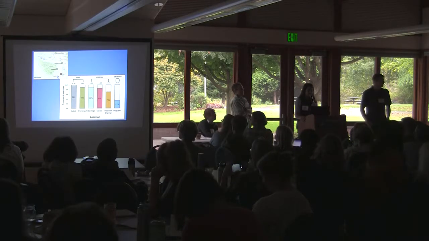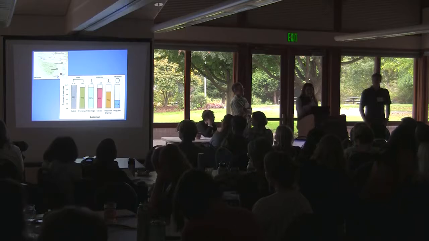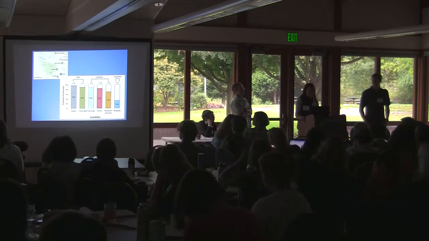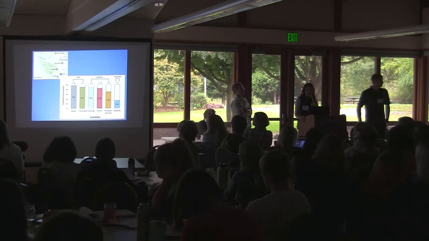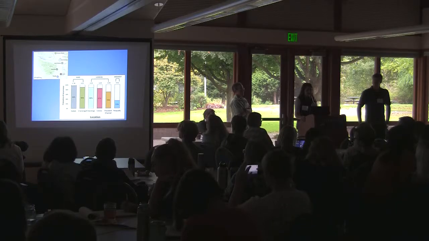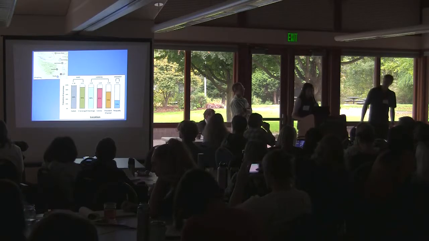I didn't have multiple species for each site, but I still think that this is pretty demonstrative of the plastic ingestion that we have here in the Puget Sound. Down in Nisqually, down by Olympia, we had the lowest frequency of plastic ingestion in forage fish, but still I think across the board we had pretty significant plastic ingestion.